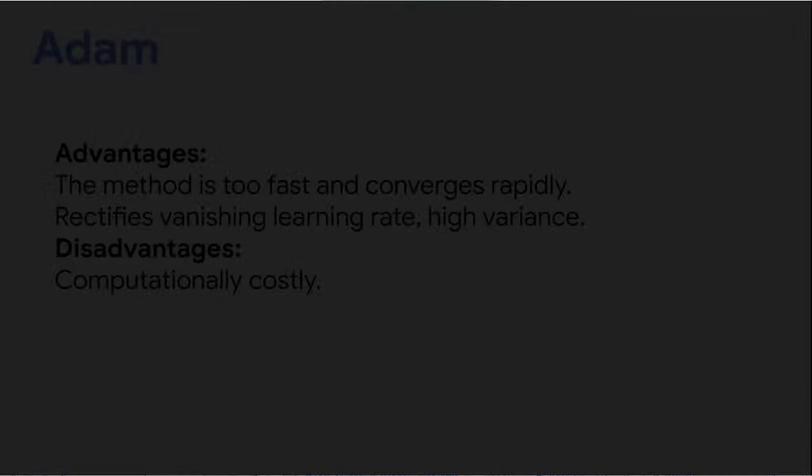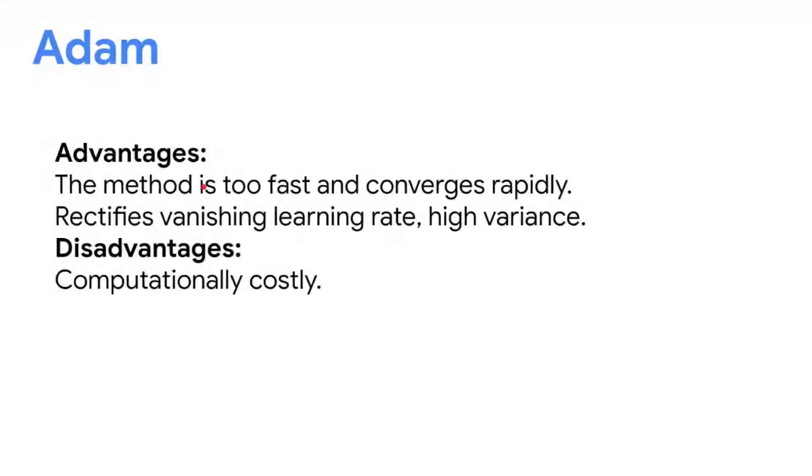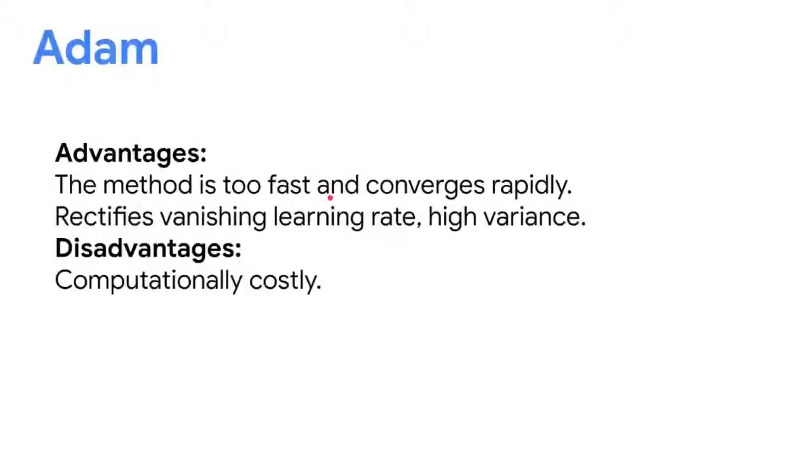Now, the advantages and disadvantages of Adam. The method is fast and converges rapidly, and rectifies vanishing learning rate and high variance, and also, as I said, builds the momentum over time.